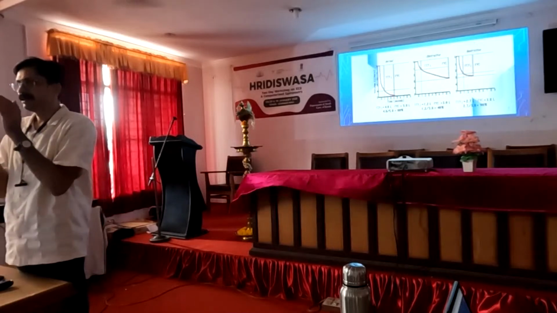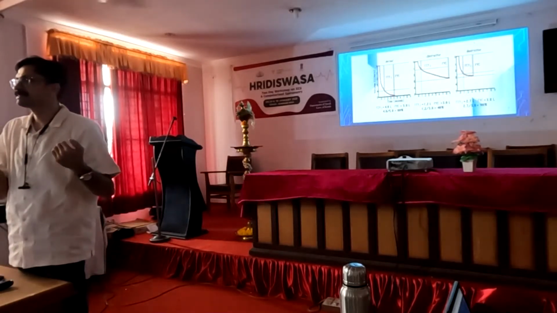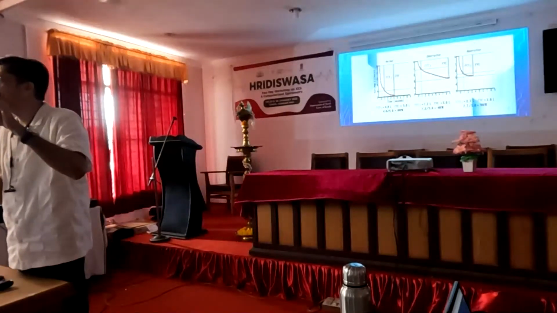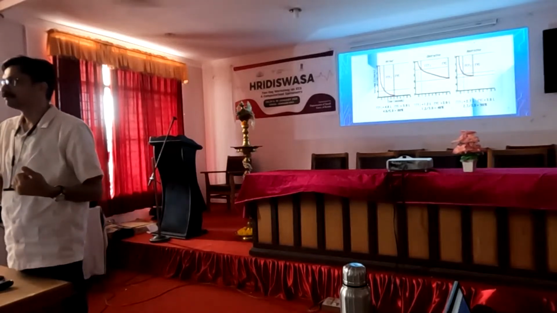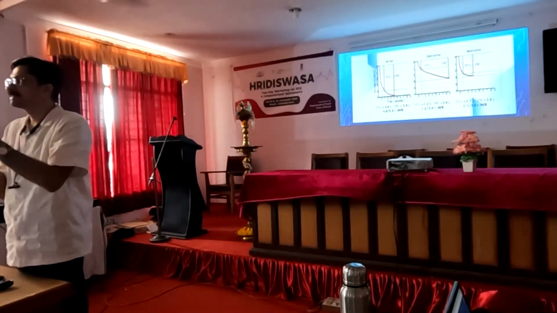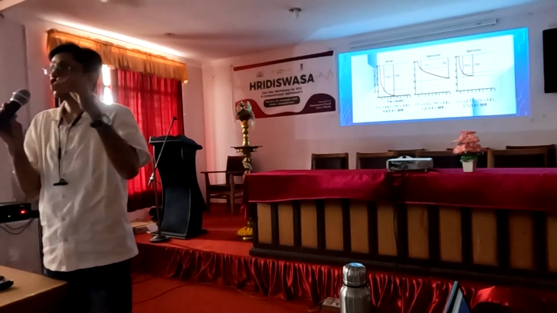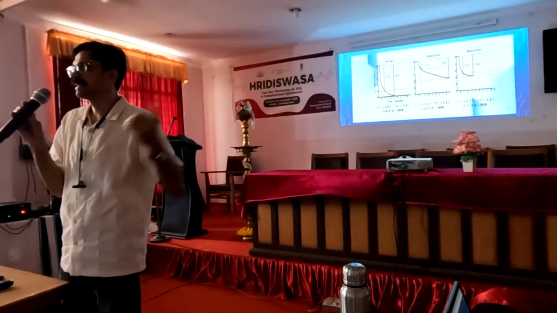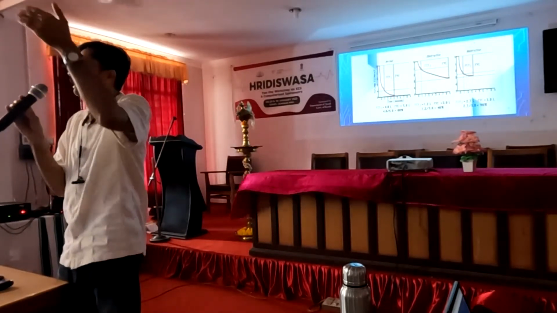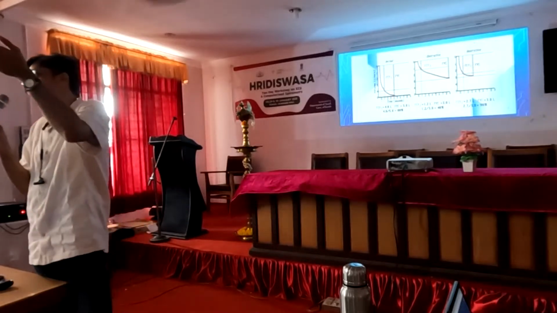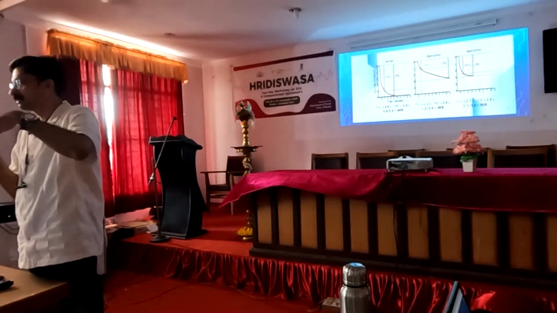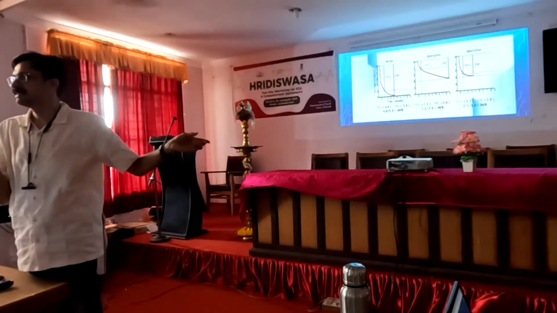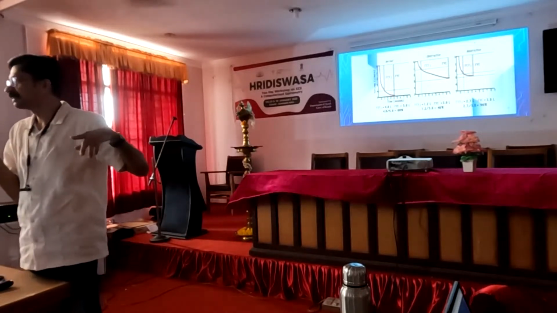But in obstructive lung disease, FEV1 percentage is always reduced. 4 liter is the forced vital capacity, but the FEV1 is very less. But here, comparatively the forced vital capacity is reducing, so the forced expiratory volume is reducing. That is the change in restrictive lung disease. I think it's clear.